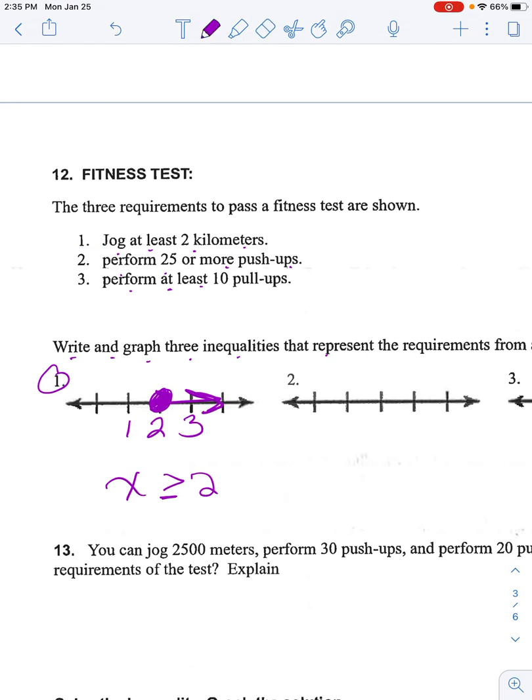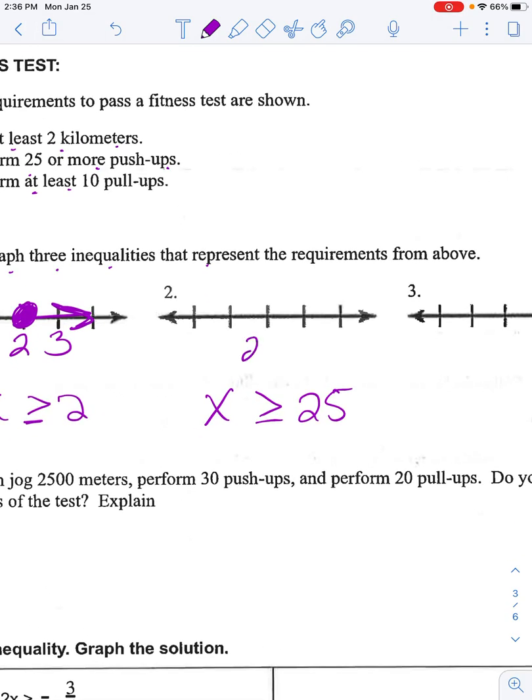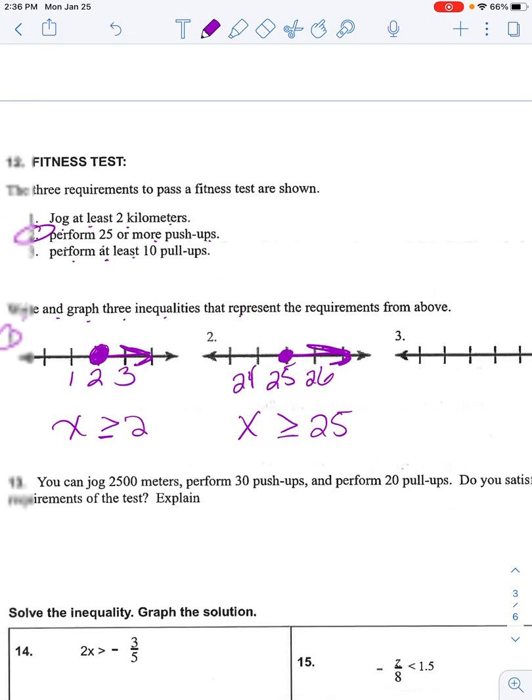Second fitness requirement, perform 25 or more push-ups would be greater than or equal to 25 push-ups. I'll put 25 in the middle. Greater than or equal to, so that's going to be a closed dot to the right.